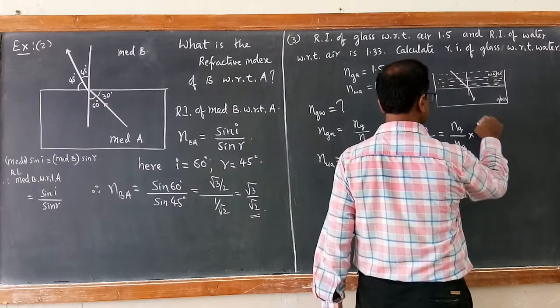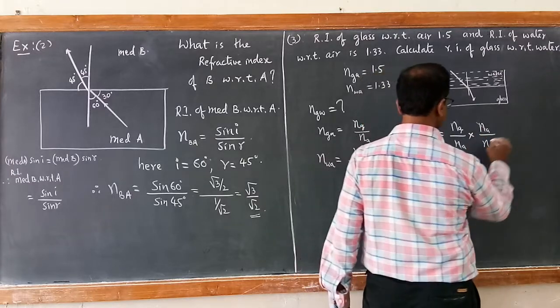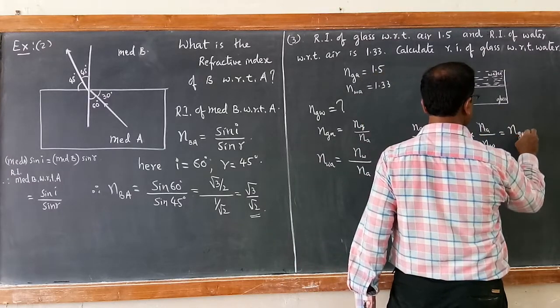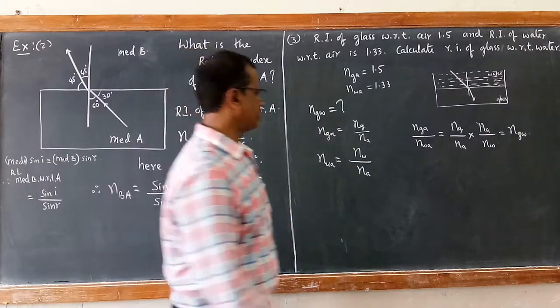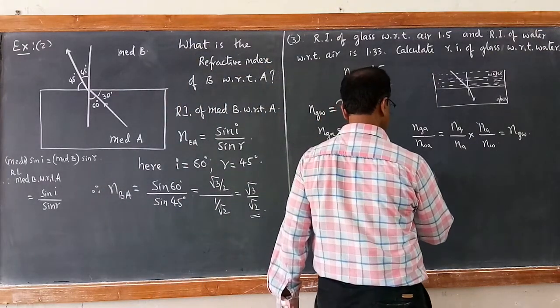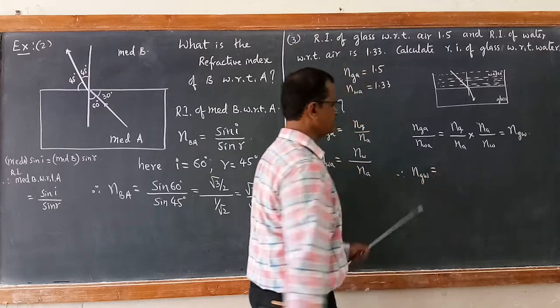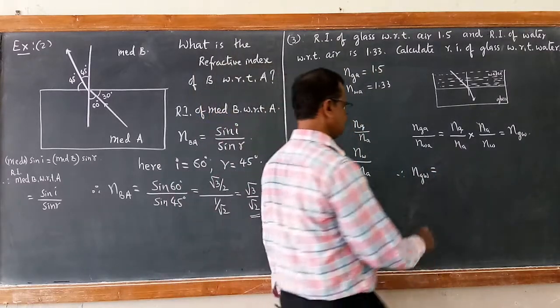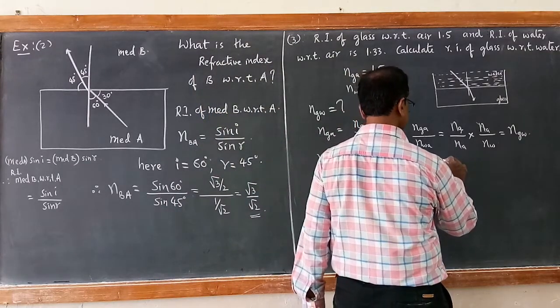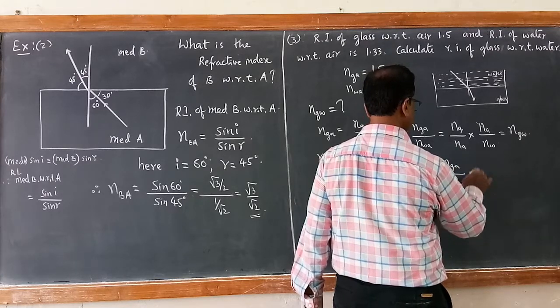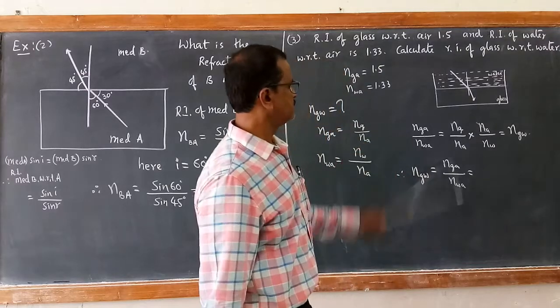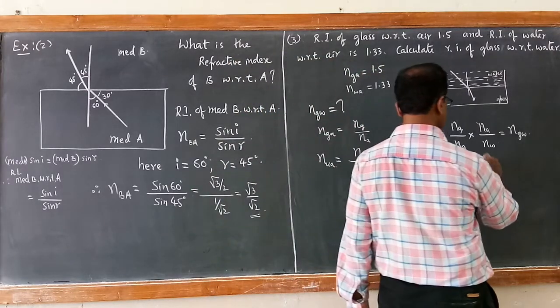So NA cancels. So this itself gives you NGW. That is the question. Therefore, NGW can be written as NGA by NWA. Just divide these values of the respective indices.